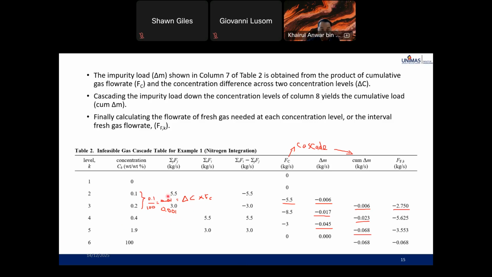So since the concentration is in weight percent, we divide by 100. Then we get 0.001 divided by 5.5. This is the interval between 0.1 and 0.3.